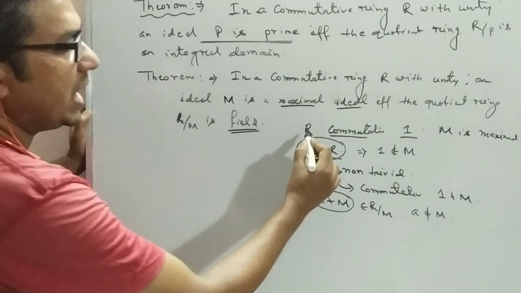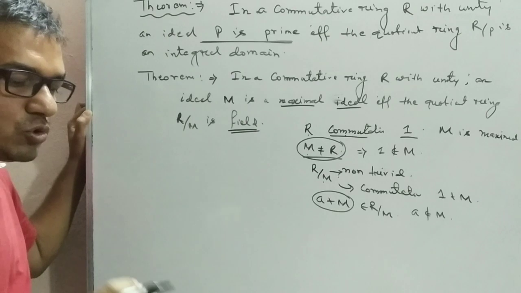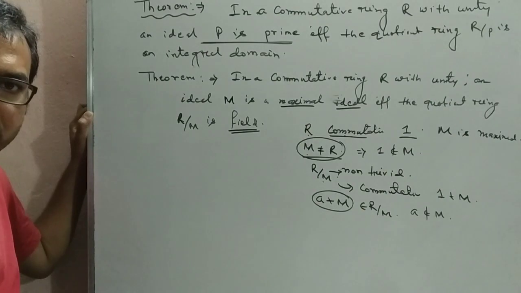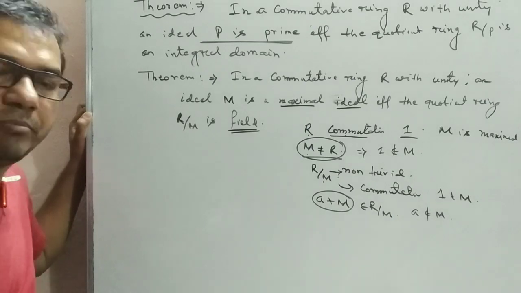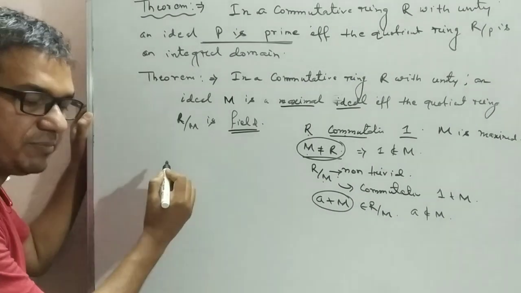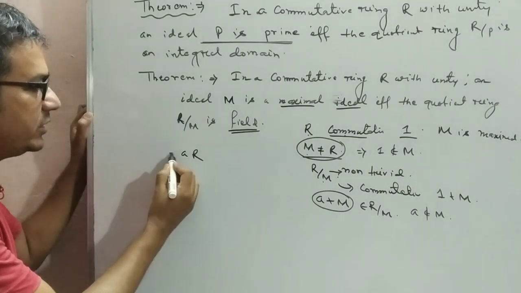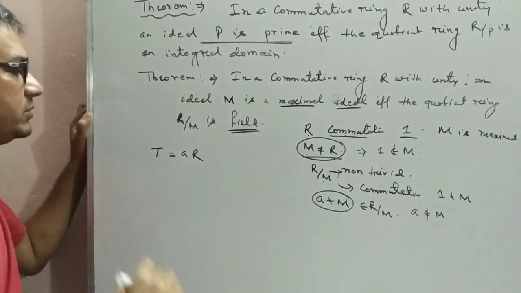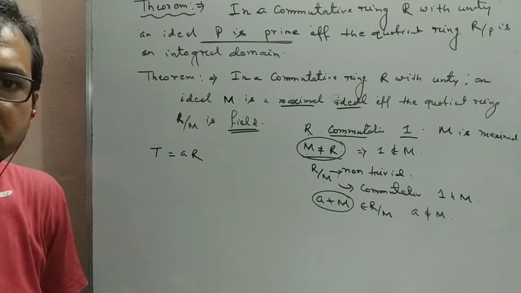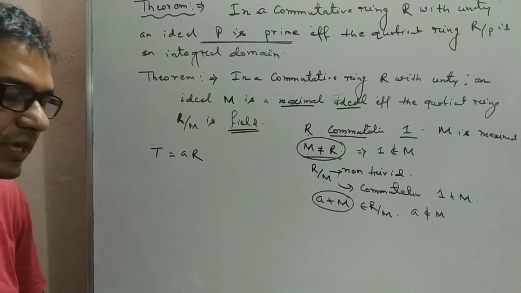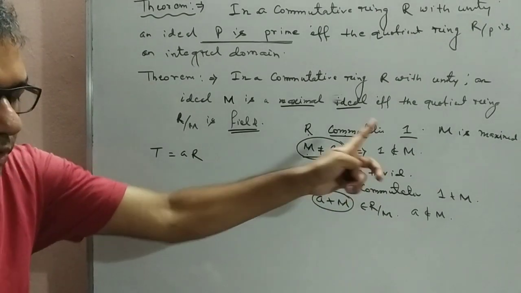Now, since R is a commutative ring with unity, we know that the principal ideal generated by a is given by aR, and we name this principal ideal T = aR.